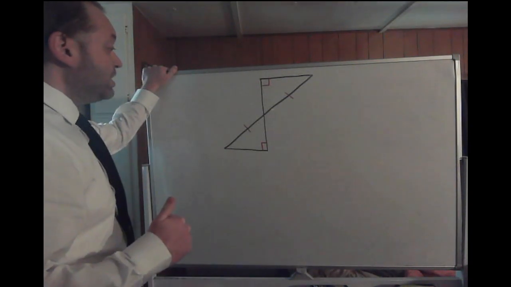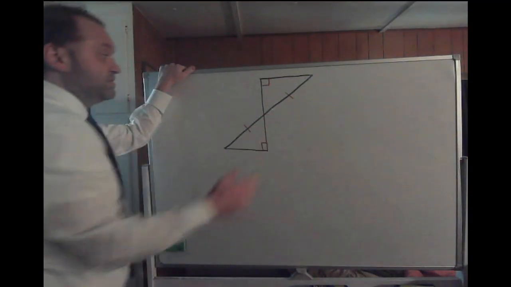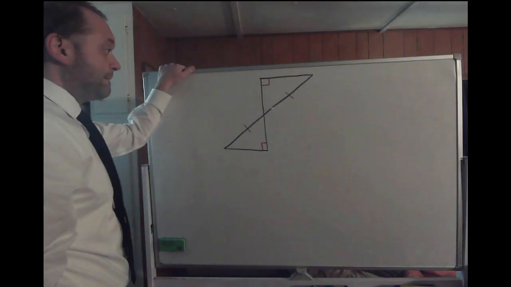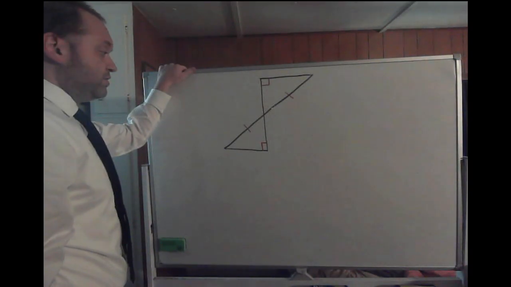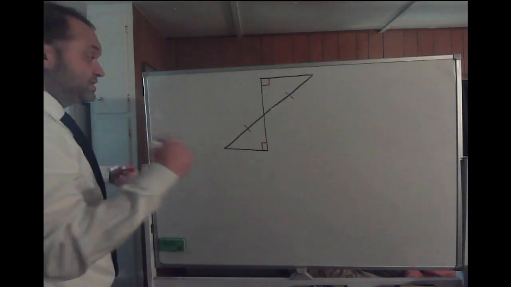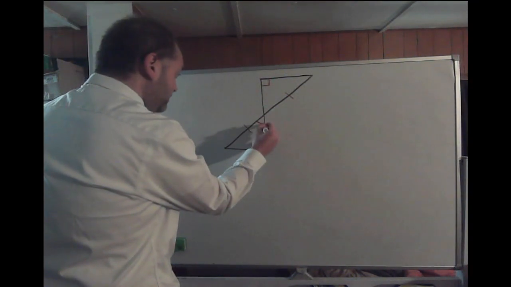Well, we know they're right triangles. We can clearly see the hypotenuse of each one is congruent. Are there any other ways we can tell? Well, look at these two angles here. They're vertical angles, right? We know vertical angles are congruent.